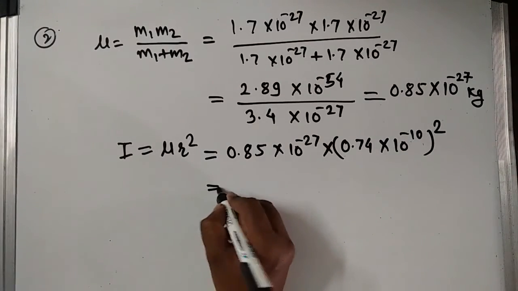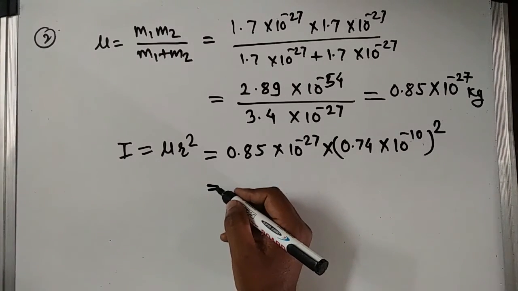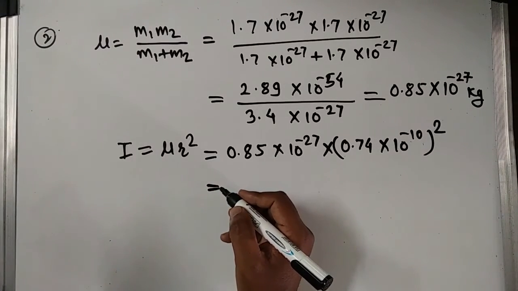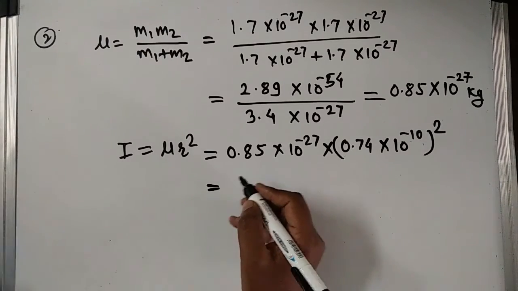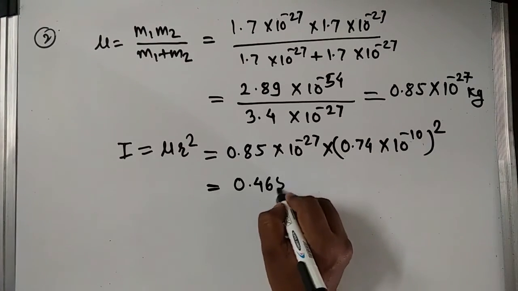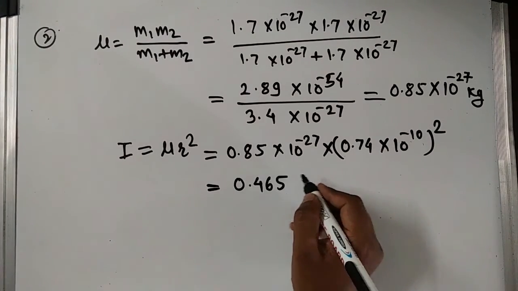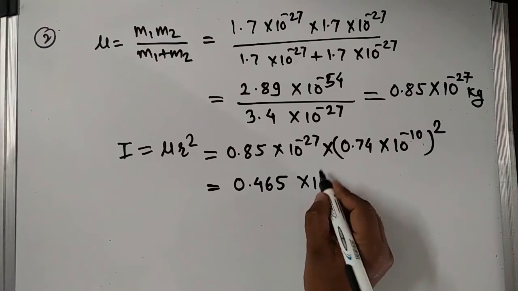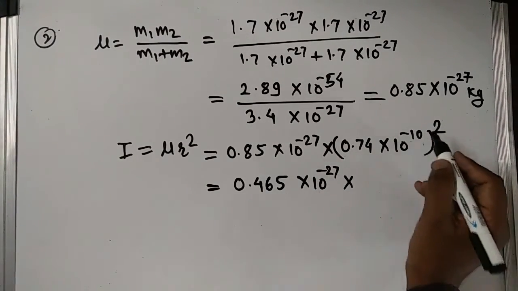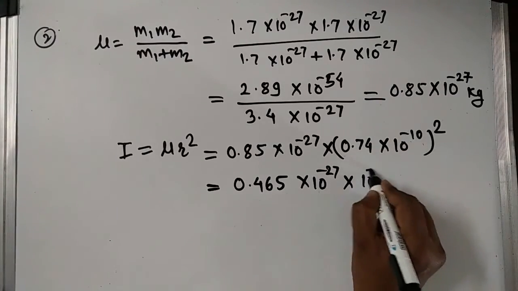If we calculate this value, 0.85 multiplied by 0.74 into 0.74 comes out to be 0.465, into 10 raised to minus 27 into 10 raised to minus 20.